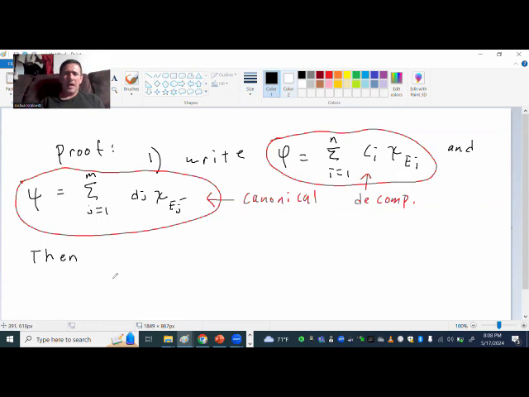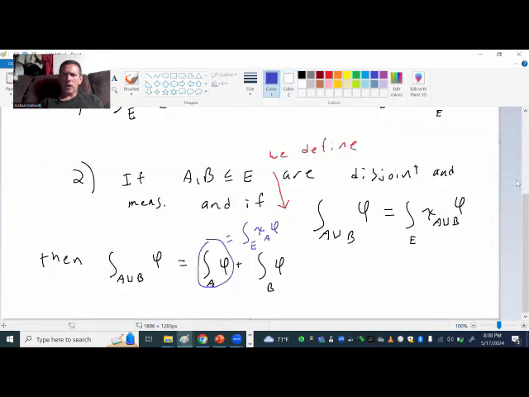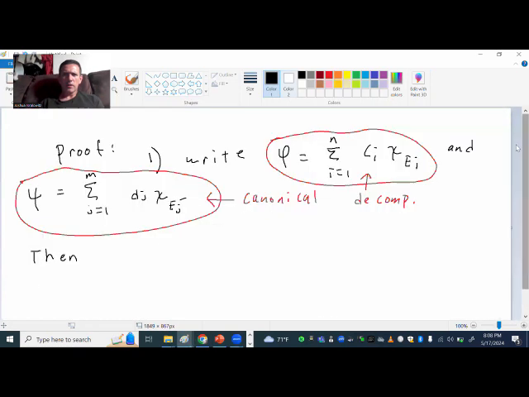Because these are the canonical decompositions, and if you want to review what that means, I would watch either of the prior two videos. But basically, the E_i's and the E_j primes both partition E. These both are simple functions on E. And the c_i's and the d_j's are distinct. I don't think we'll actually need that they are distinct, but that's okay.